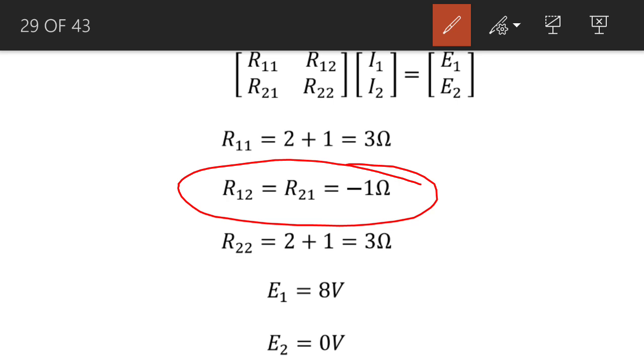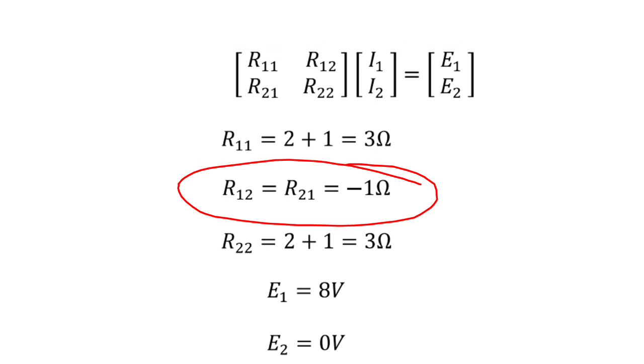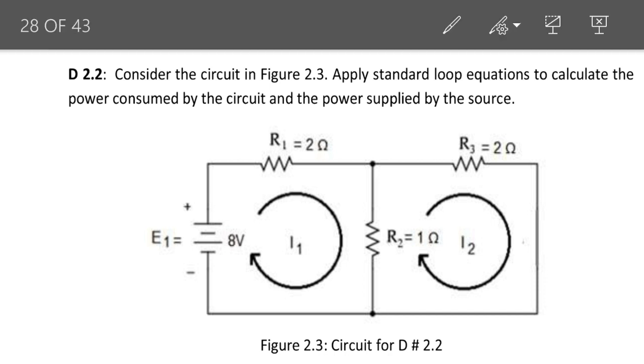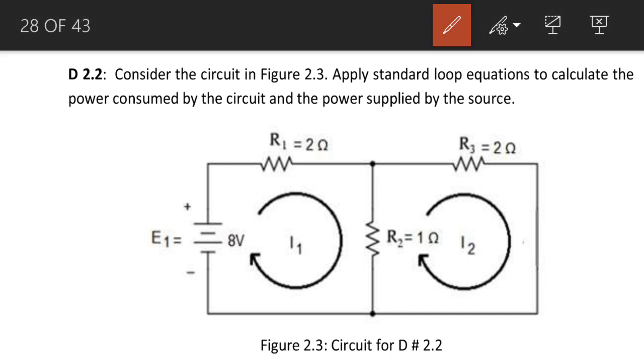We know that R12 is equal to R21. So let us consider this R12 in the circuit diagram. R12 is the resistance of the resistor that belongs to loop number 1 as well as loop number 2. So R2 is the member of loop number 1 as well as loop number 2.